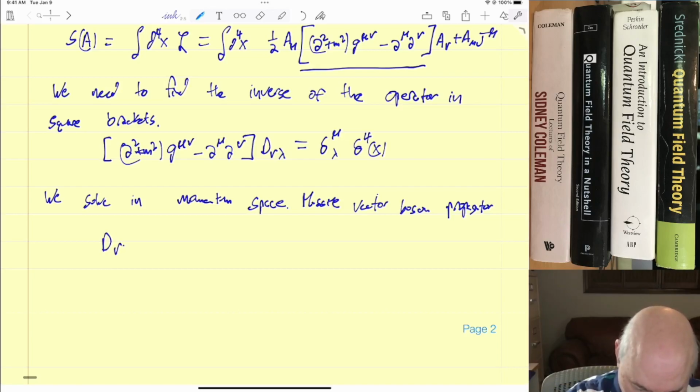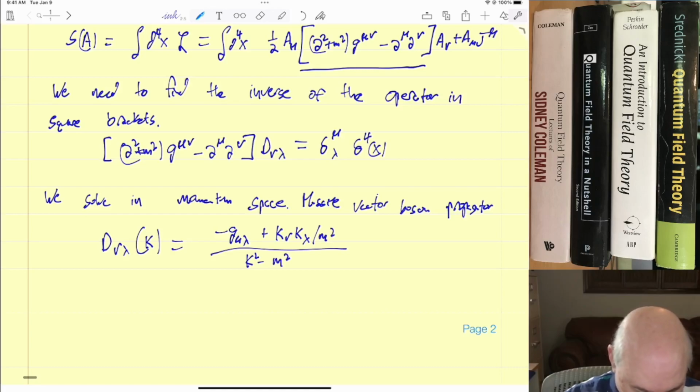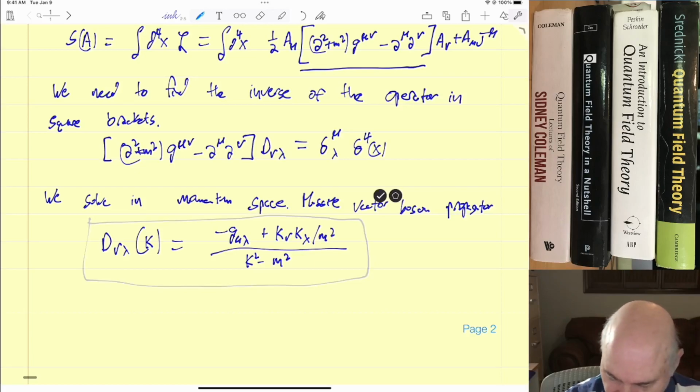D_{mu lambda}(k) is equal to minus g_{mu lambda} plus k_mu k_lambda over m squared, divided by k squared minus m squared. Very important, but also weird formula.